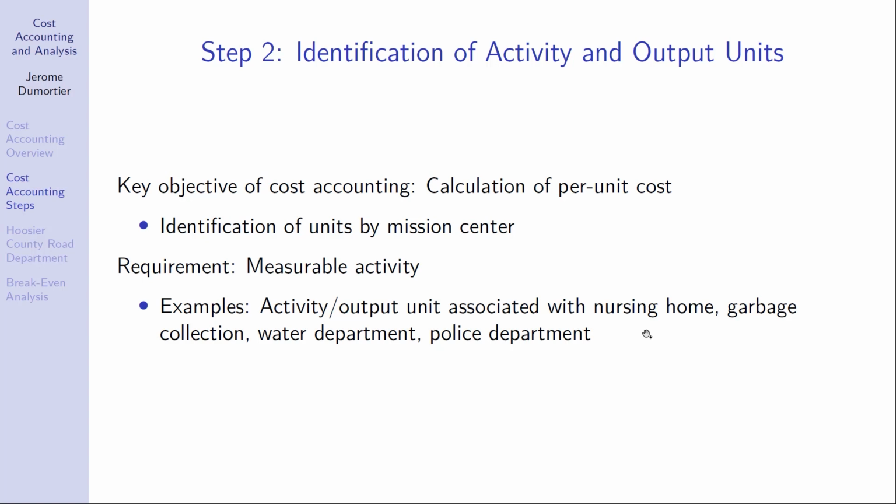Think about, for example, a nursing home, garbage collection, a water department, or a police department. If you're thinking about those examples, there may be differences in how you determine the output units. In the example about the police department, which is in a separate video, the output unit could be, for example, the number of patrol cars that are patrolling the city.